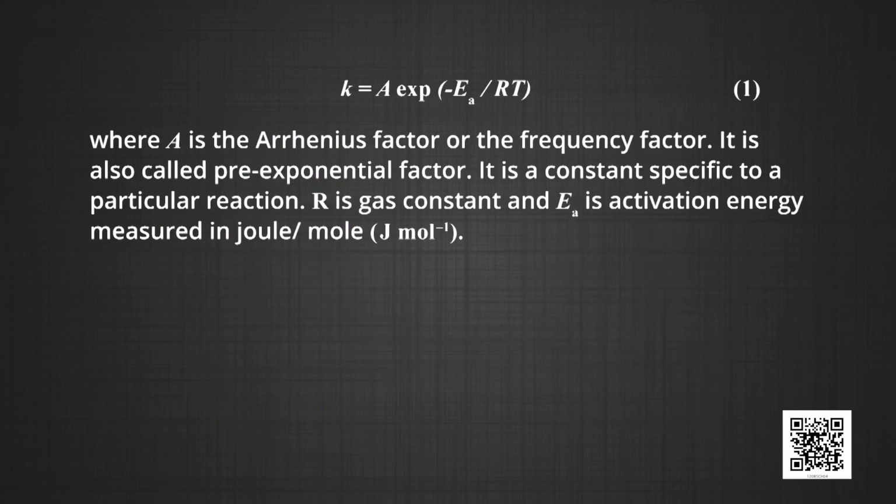The equation is k = A e^(-Ea/RT), where A is the Arrhenius factor or the frequency factor. It is also called the pre-exponential factor. It is a constant specific to a particular reaction. R is the gas constant and Ea is the activation energy, measured in joules per mole.